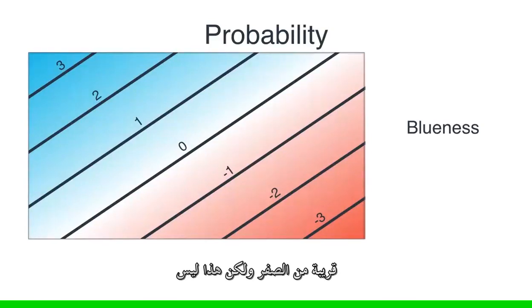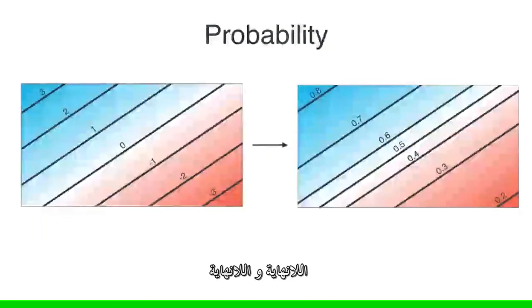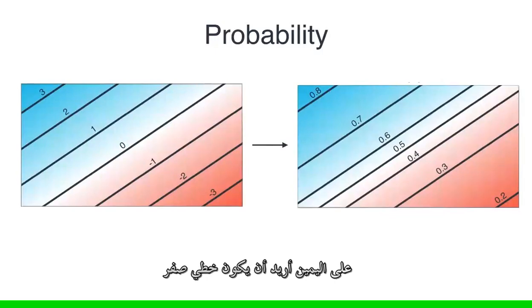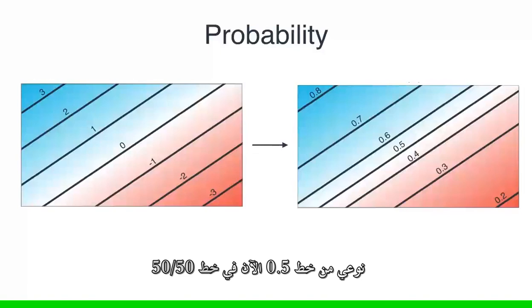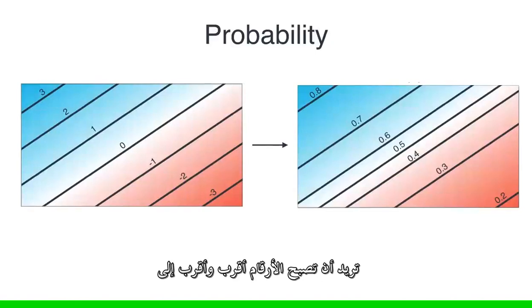But this is not a probability function, because probabilities go between 0 and 1, and these numbers go between -infinity and infinity, right? What I really want is something like the plane at the right. I want my 0 line to be my 0.5 line, now my 50-50 line. And then as I go up in the blue area, I want numbers to get closer and closer to 1.